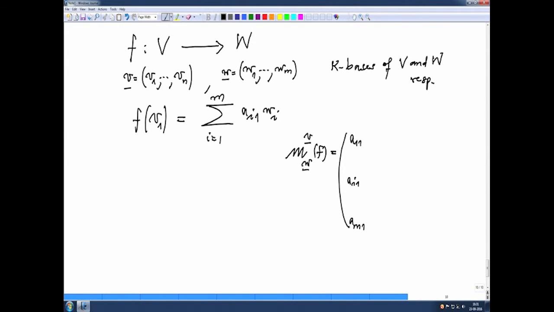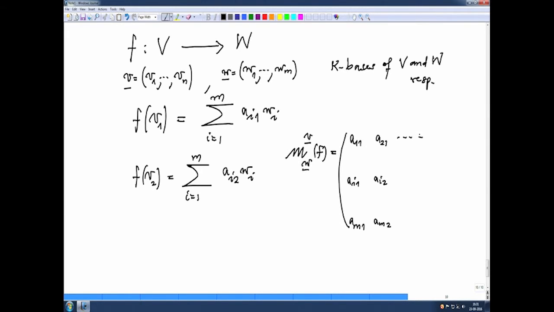This is a column. The next column will be given by f of v2. So f of v2 is the summation from I equal to 1 to m of ai2 wi, giving a12, a22, ai2, am2. That is the second column, and so on.